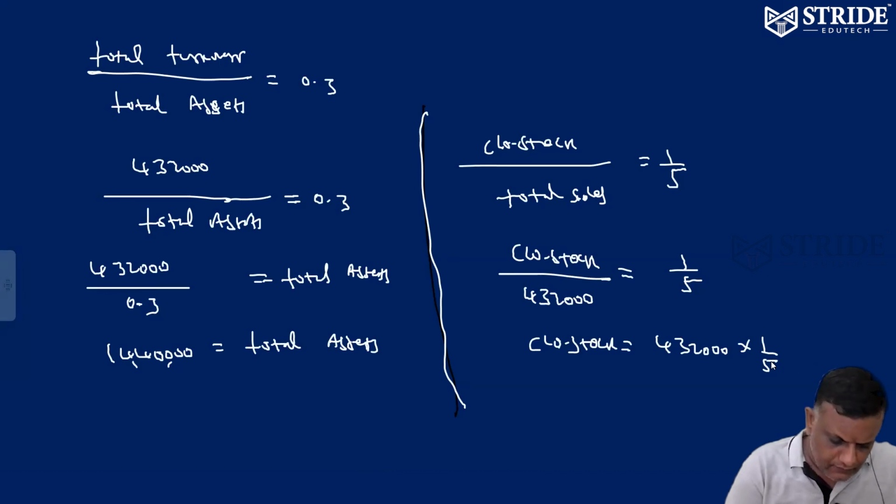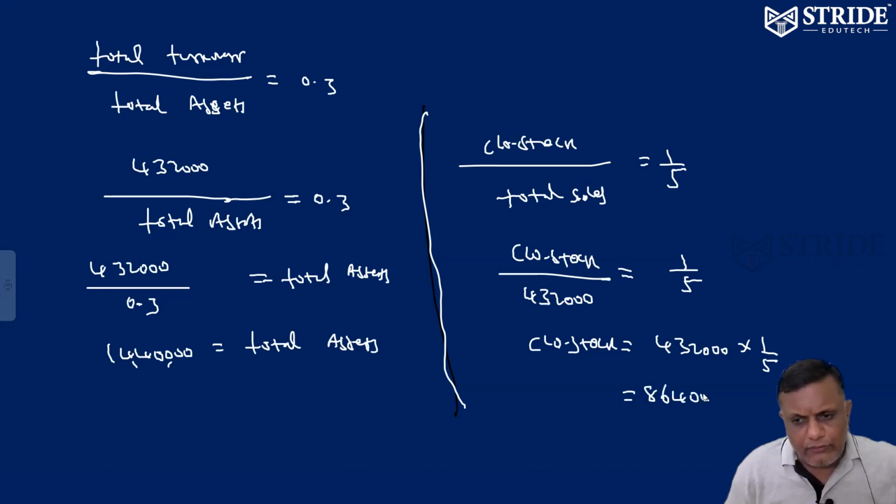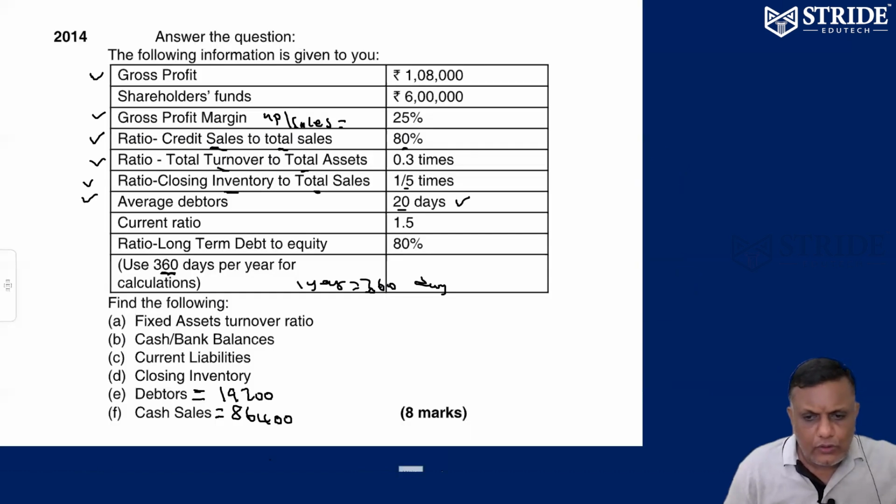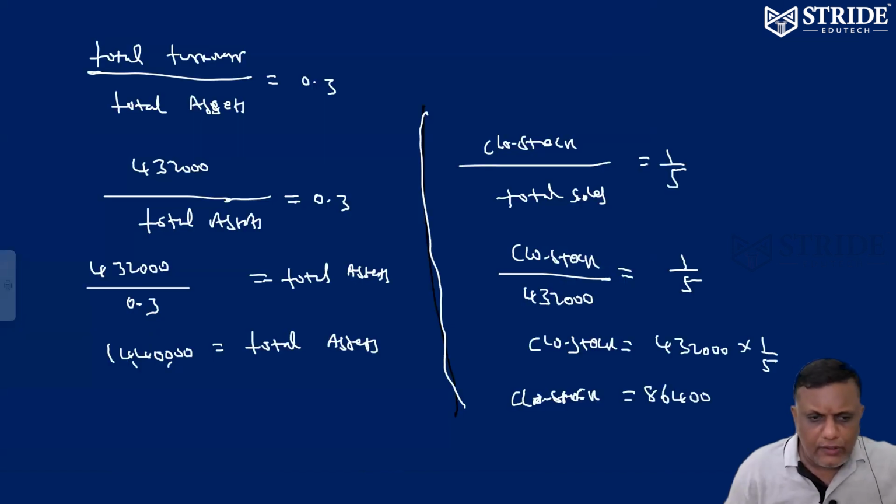So 4,32,000 by 5, it's going to be 86,400. That is equivalent to closing stock. So closing stock 86,400. Please check it out.